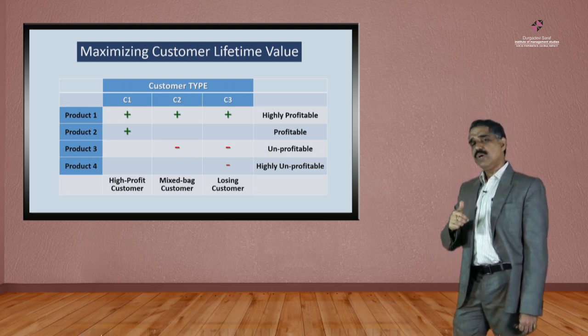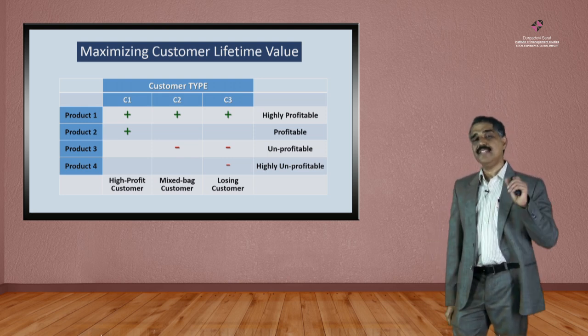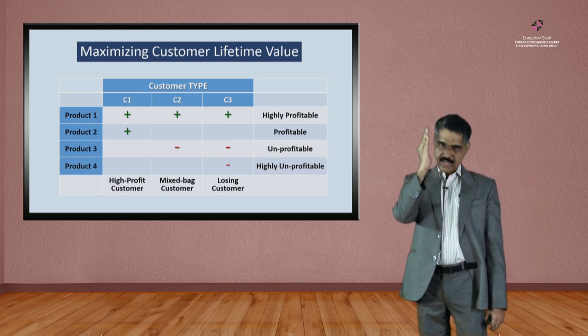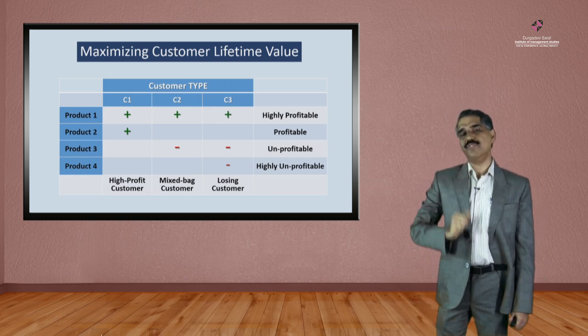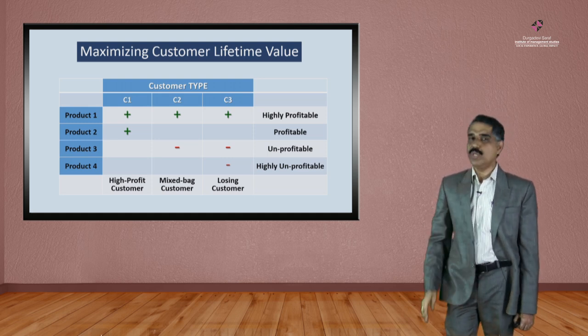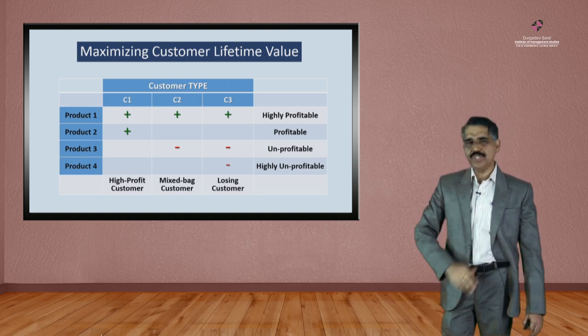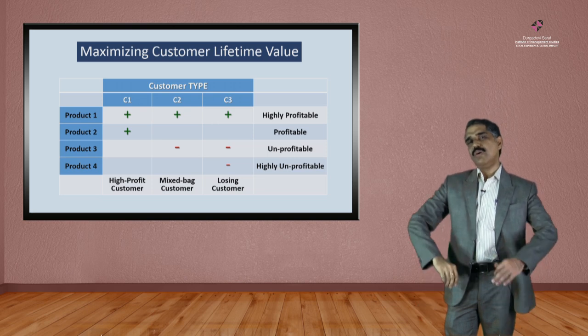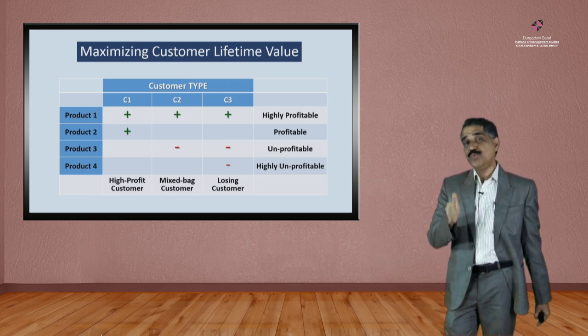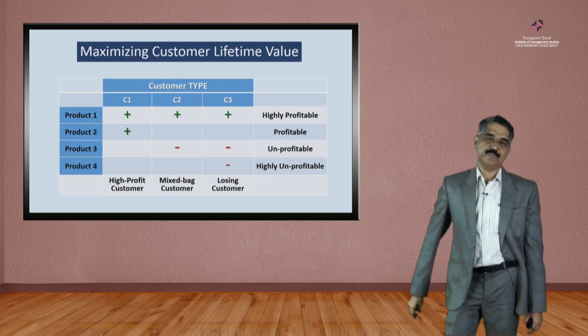See, if a customer buys product 1 and product 2, the category where he is falling is a high profit customer. So would you like to retain him? I am sure you would go all the way to please him and retain this high profit customer.